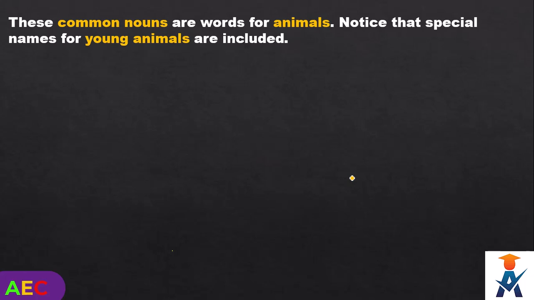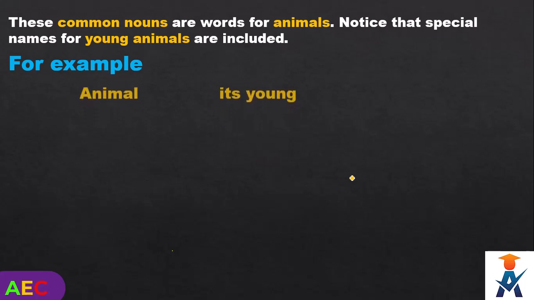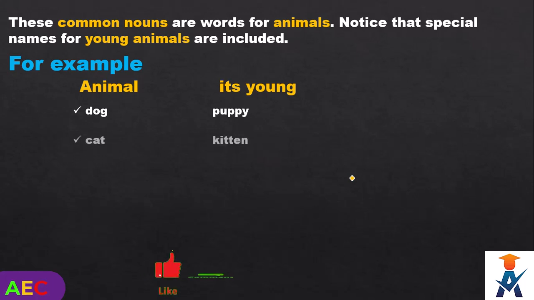These common nouns are words for animals. Names for young animals are also included. For example, animals and their young. Dog and its young, puppy, are common nouns.